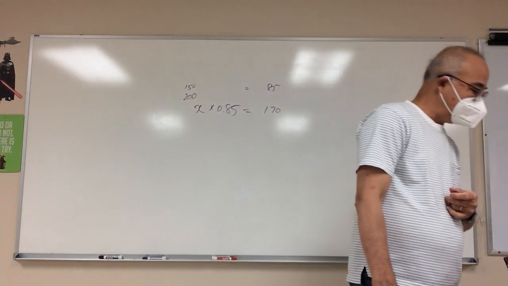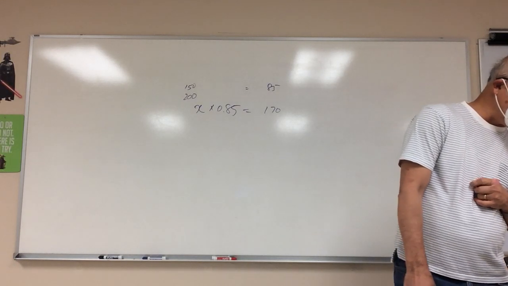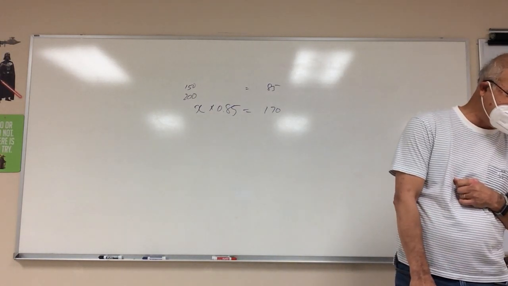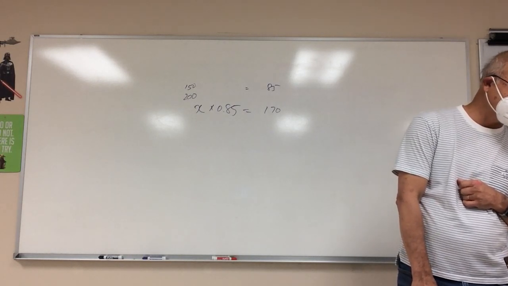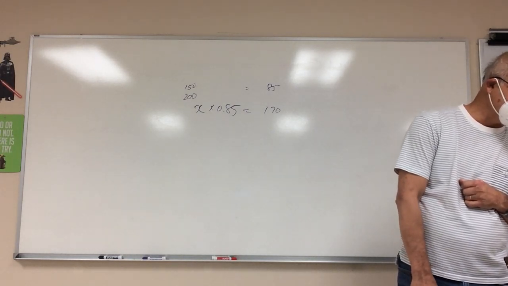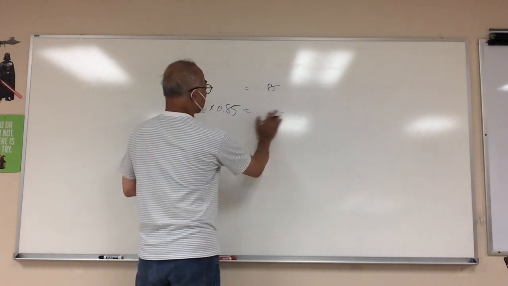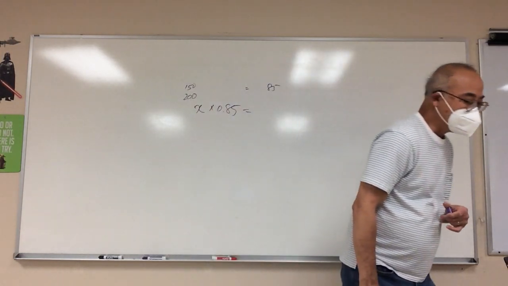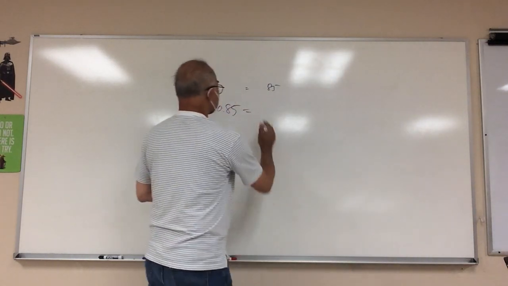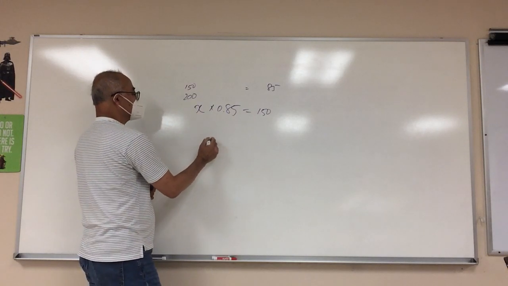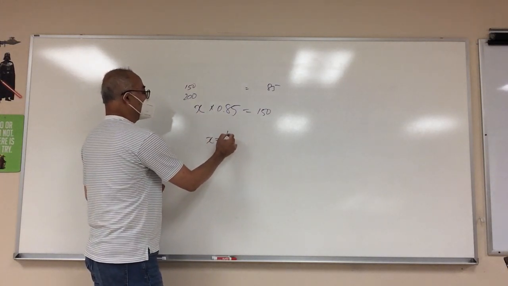Okay. So which number, when multiplied by that, gives me a whole number is what they're asking, I think. Right? So if this was 150, how would I solve for x? 150 is a, right?